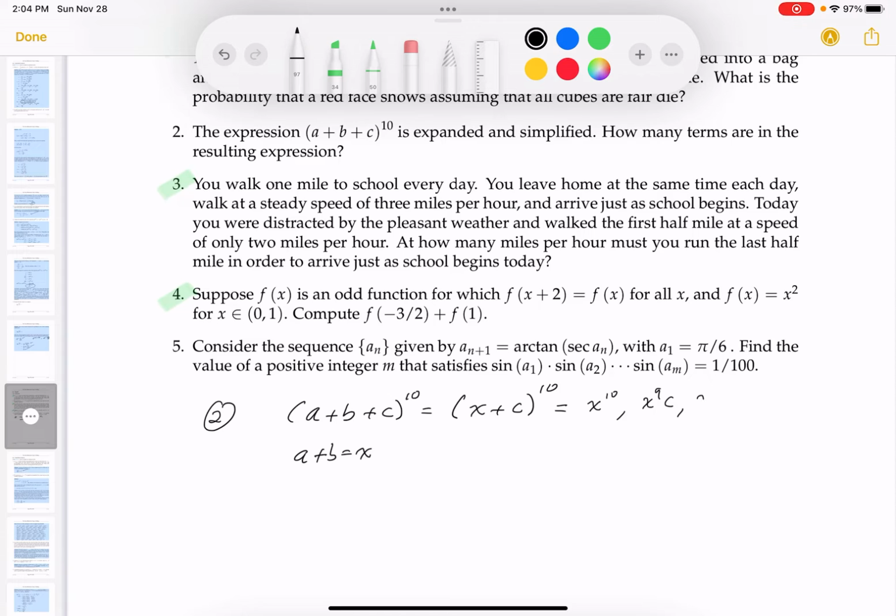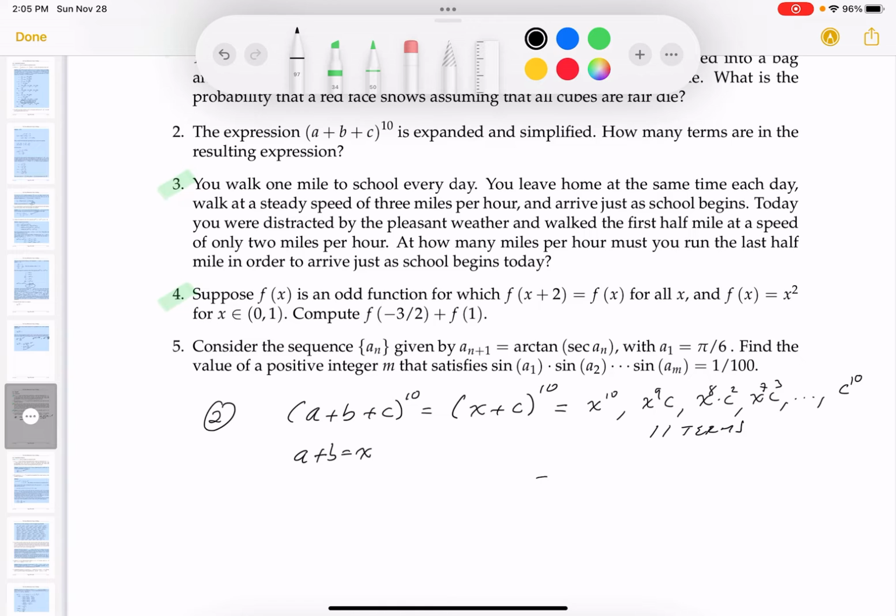The next term would be x to the 8th times c squared. The next term would be x to the 7th c cubed, where the sum of the exponents is always going to be 10. And then yada, yada, yada, all the way down to c to the 10th, where there'd be no x in it. How many terms would there be here? There'd be 11 terms.